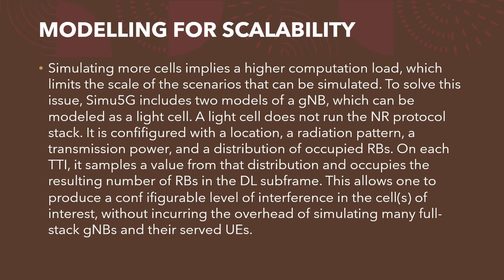It samples the value from the distribution and occupies the resulting number of RBs in the DL subframe. This allows one to produce a configurable level of interference in the cell of interest without incurring the overhead of simulating many full stacks, gNodeB base stations and their served users.